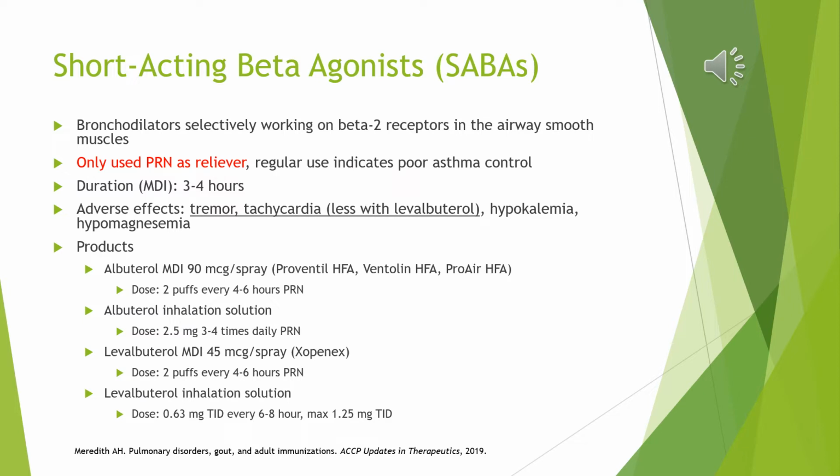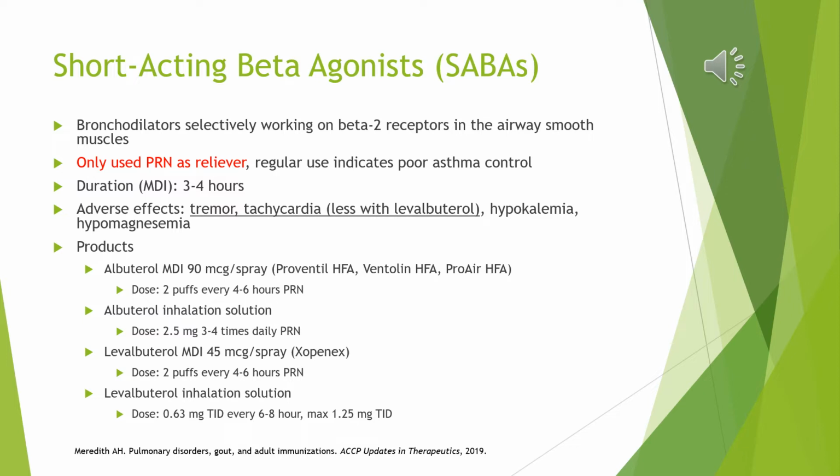The effect of these inhalers will last about 3 to 4 hours, and the adverse effects are typically mild, but if used very often, it could lead to tremor or tachycardia, or even in severe cases, electrolyte imbalances. The two main products are albuterol and levalbuterol.